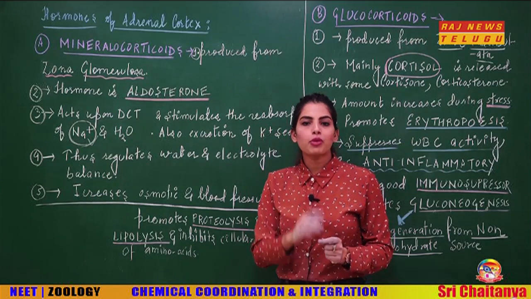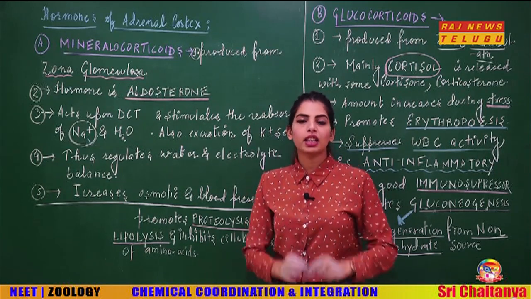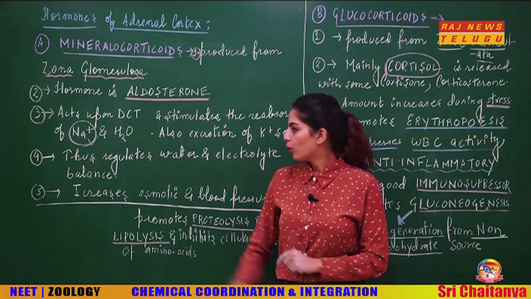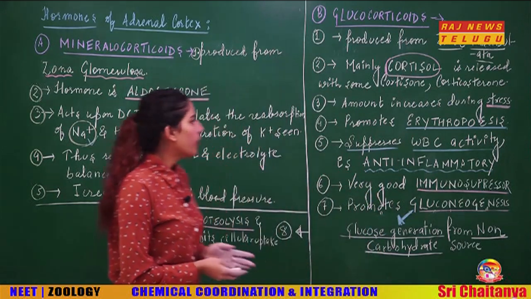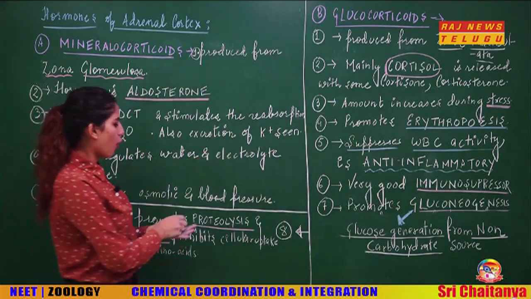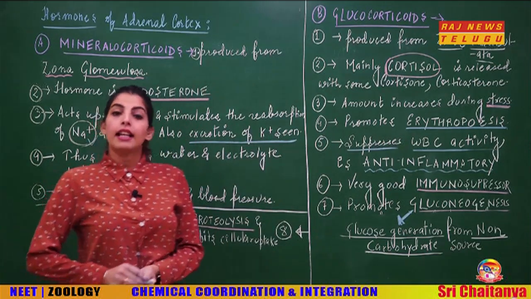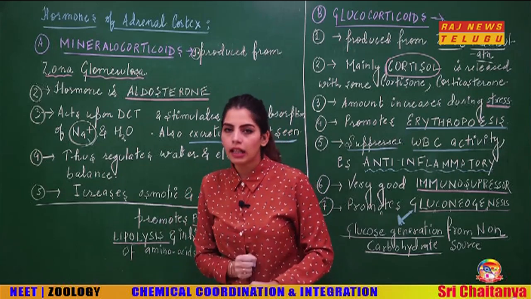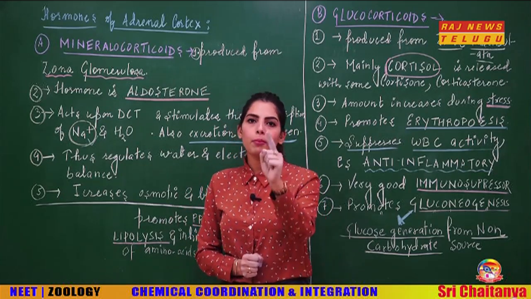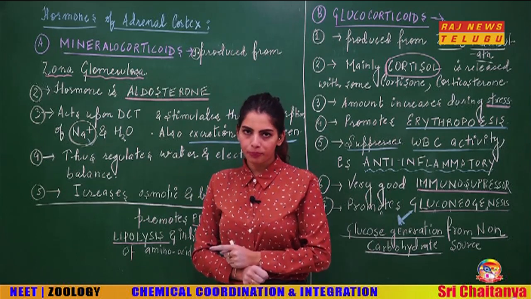Also, when it reabsorbs Na plus and water in your body, there is excretion of an ion, the potassium ion. So I have written it here that this is responsible for the excretion of potassium ion. Reabsorbing sodium ions, water is also passively absorbed, and potassium is excreted outside via urine.